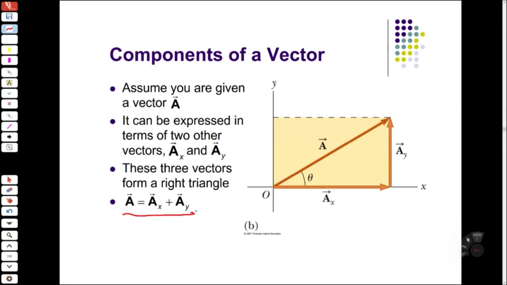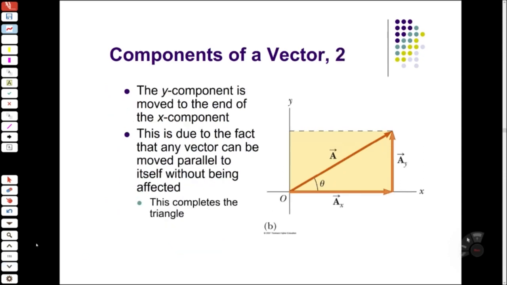So A here is Ax plus Ay. You can represent it as Ax plus Ay, but more conveniently you can just introduce a bracket here and call it Ax and Ay. So this one is the component of Ax and this is the component of Ay.